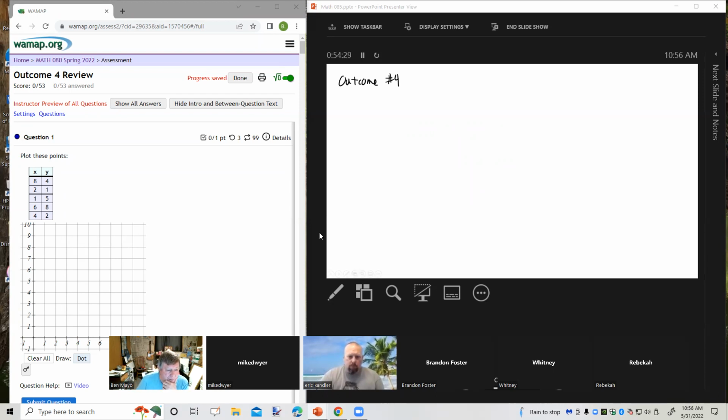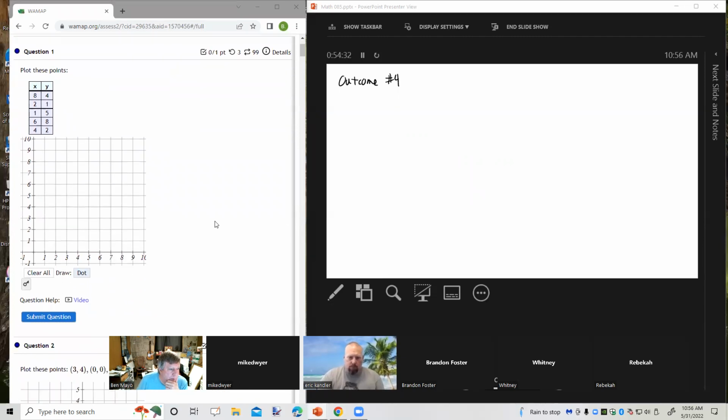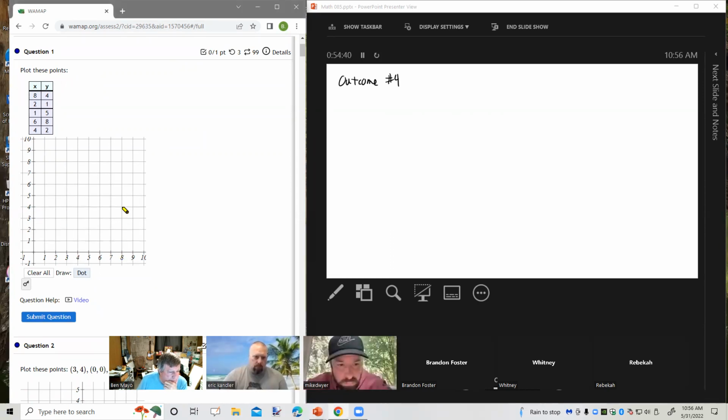Okay, so outcome number 4, question 1, plot these points. So 8, 4, I'm going to go dot, so 8, 4 is right there. Okay. 2, 1, I'm going to move that a little bit.